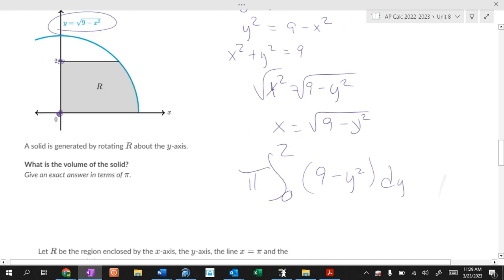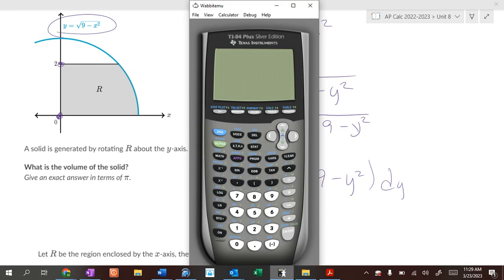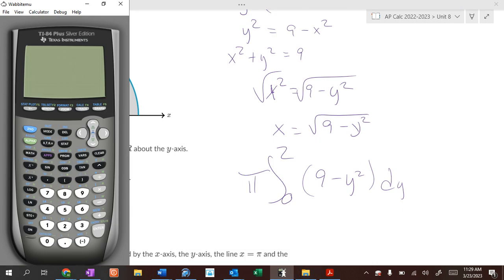If we throw it in our graphing calculator, because the graphing calculator uses x's rather than y's, we go math, number 9, then 0, then 2, then 9 minus x squared dx, enter.